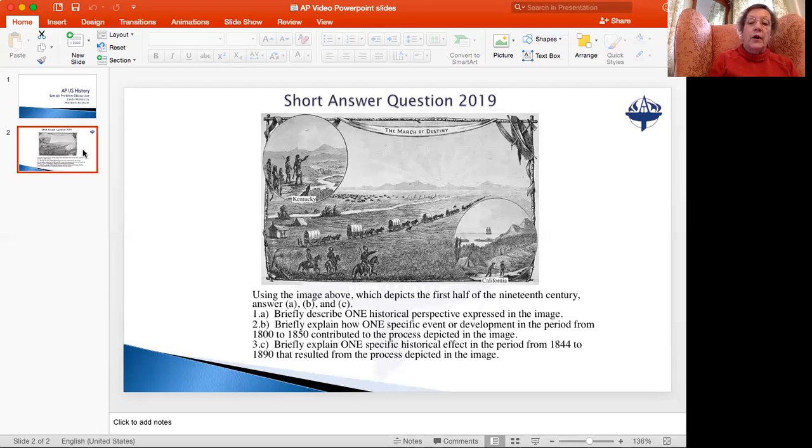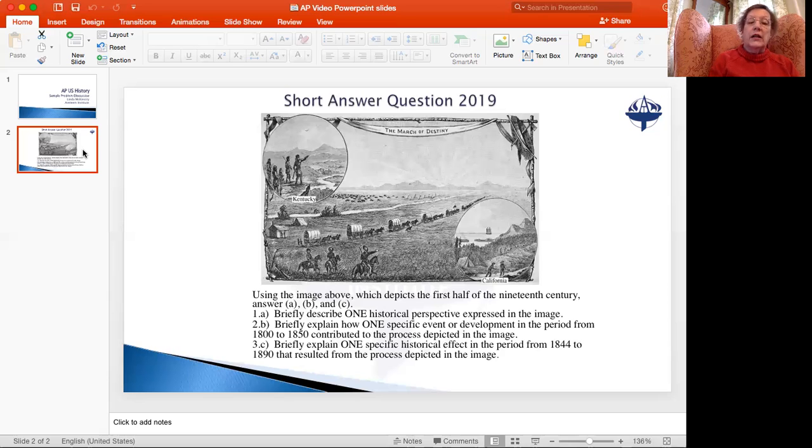Number 2, part B, says explain how one specific event, development, or idea from 1800 to 1850 contributed to this idea of Western expansion. Again, you don't want to just list.